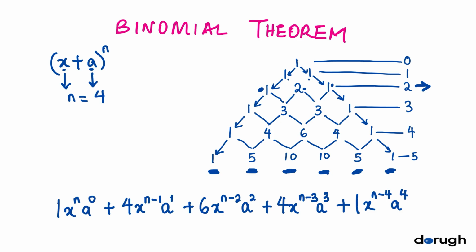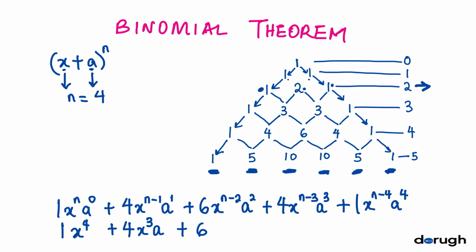If we break everything down, we have 1 x power 4, and a power 0 is 1, so we don't need to put that down. Next, we have 4 x power, since n is 4, 4 minus 1 is 3, and then a power 1 is just a.